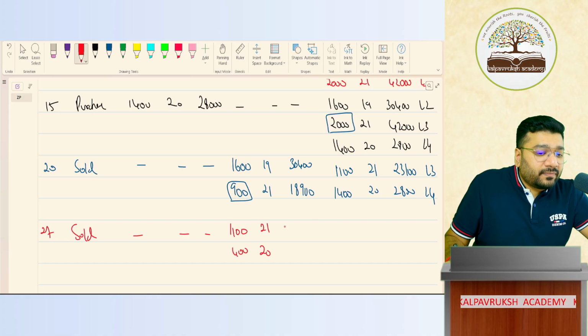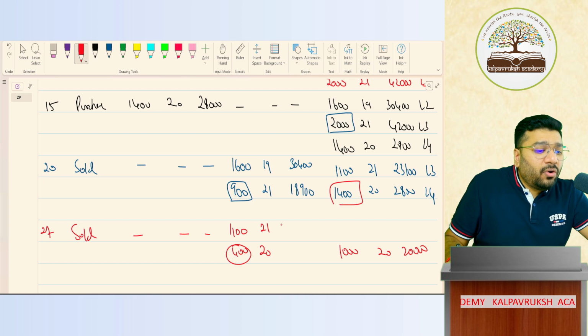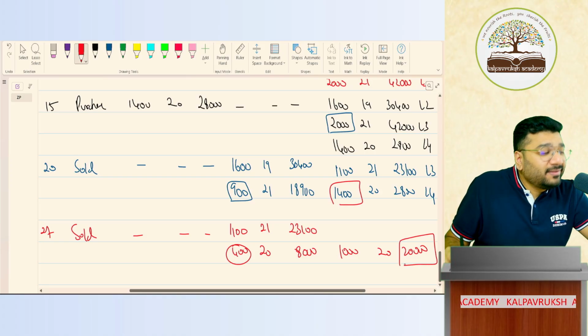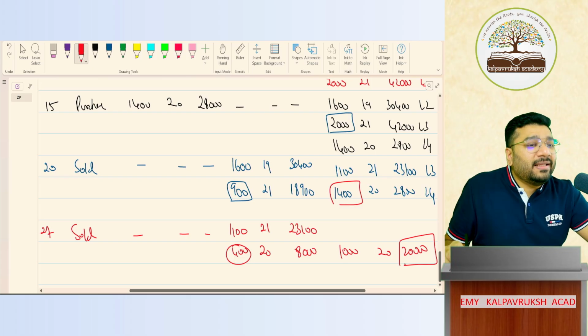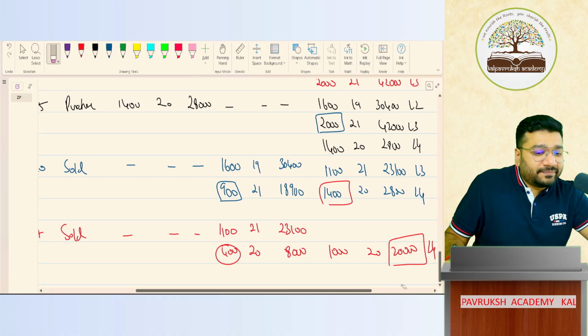Out of 1,400, if 400 is utilized, balance is 1,000 into 20, which is 20,000. Tell me the value of 1,100 into 21. 23,100. If I ask you what is the value of inventory as on 27th March, what will you say? Just 20,000, which is a part of your L4.